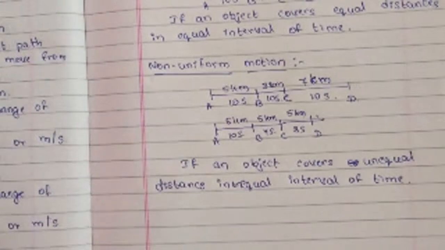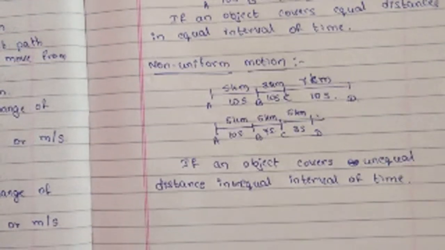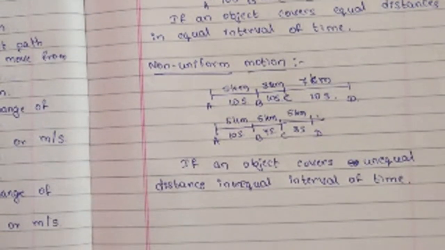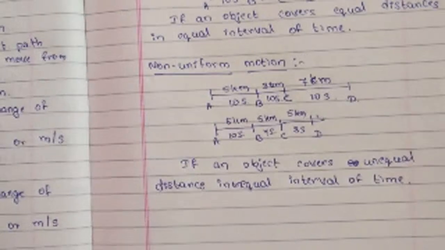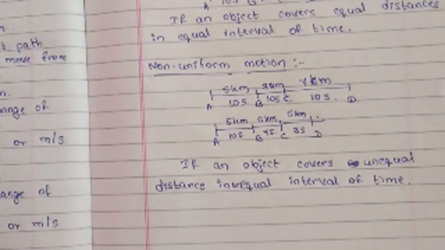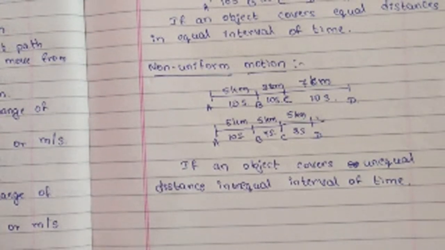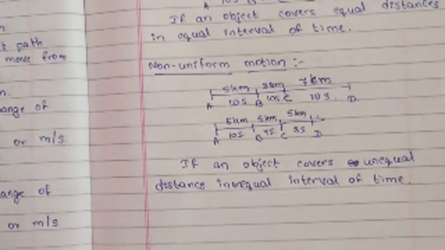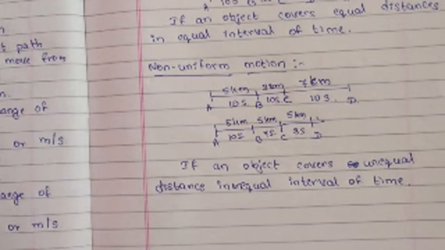First write the given data, then write the relevant formula, then substitute the values and solve the problem. After getting the final answer, complete it by writing the SI unit. Okay, first one I will solve.